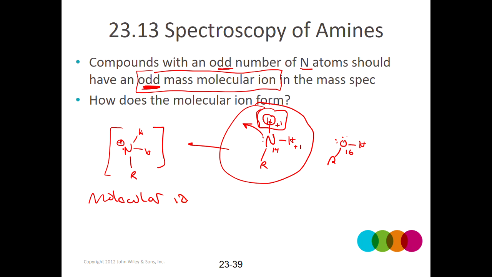The molecular ion is the original structure missing an electron, so it has a positive charge. It has to be positively charged for it to attract to the magnet and be detected in the instrument. But since all it did was lose a single electron, its mass is still the same. So the molecular ion has the same mass as the original structure with the most common isotopes.